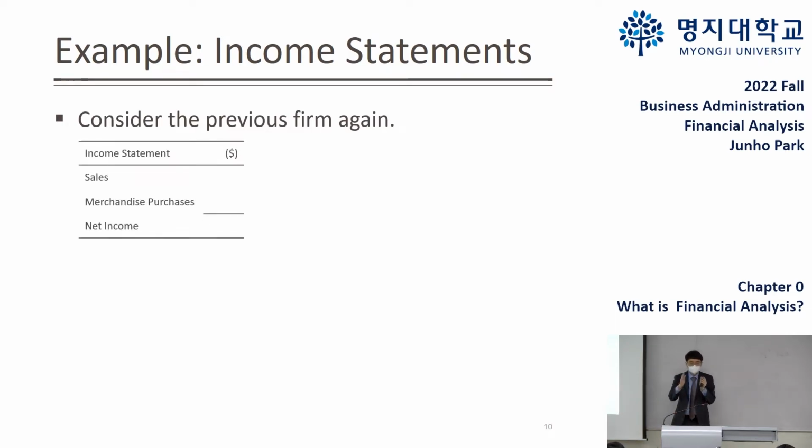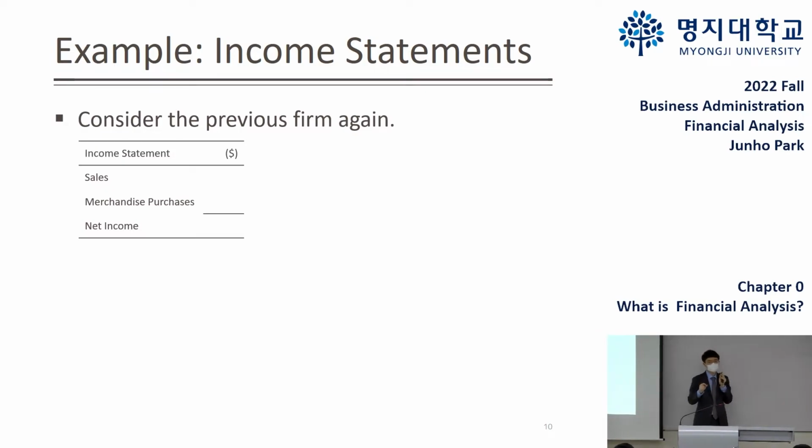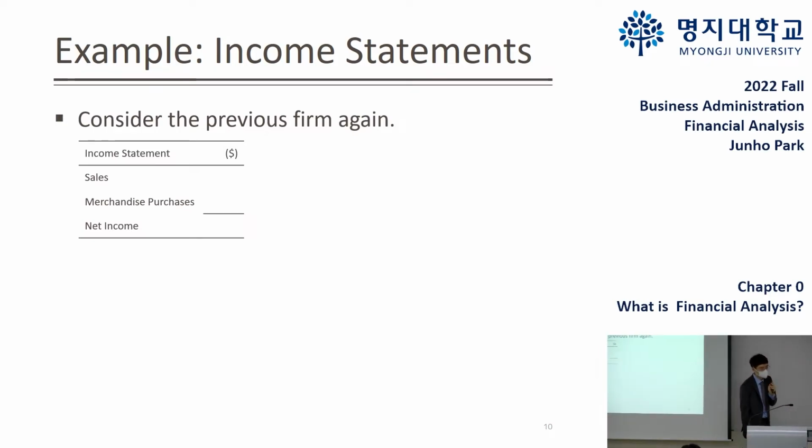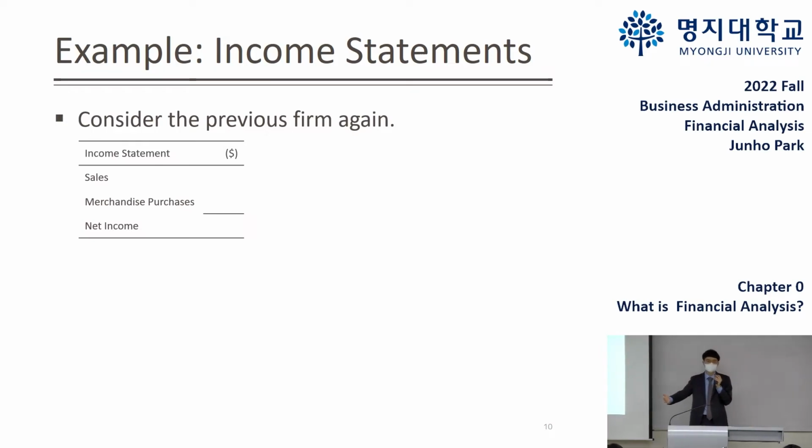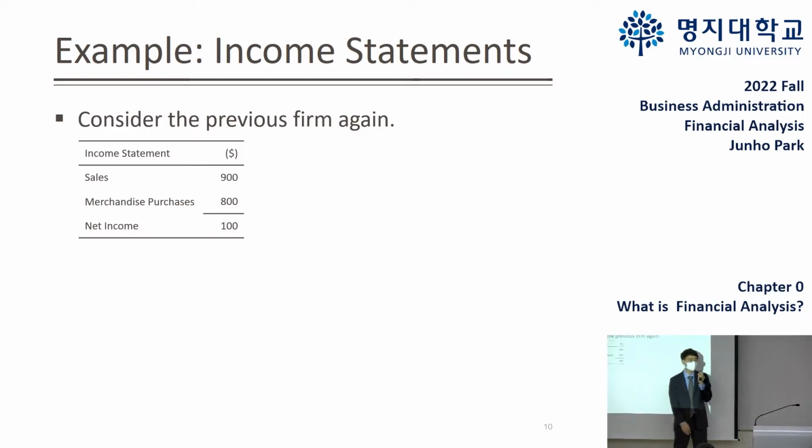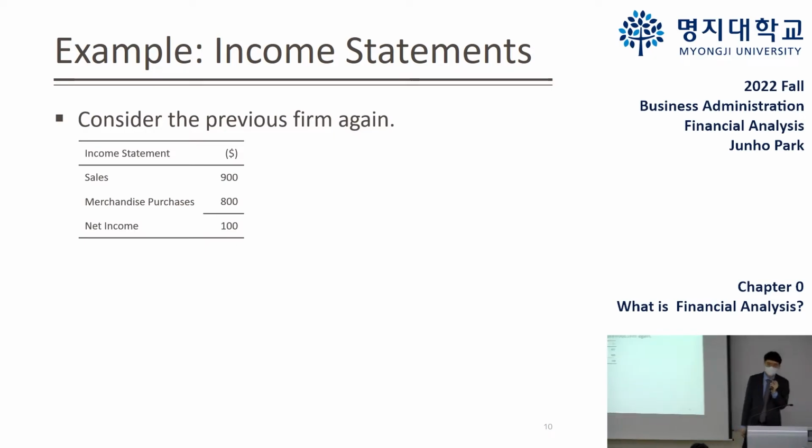So for these three transactions, you can summarize it in an income statement simply like this. So you have sales. You sold merchandise to your customers at $900, so you have generated sales of $900.